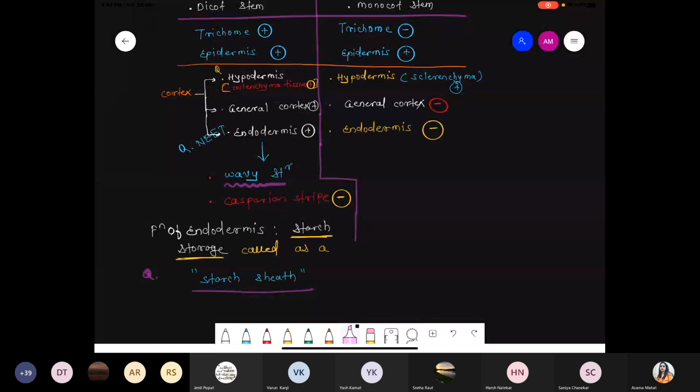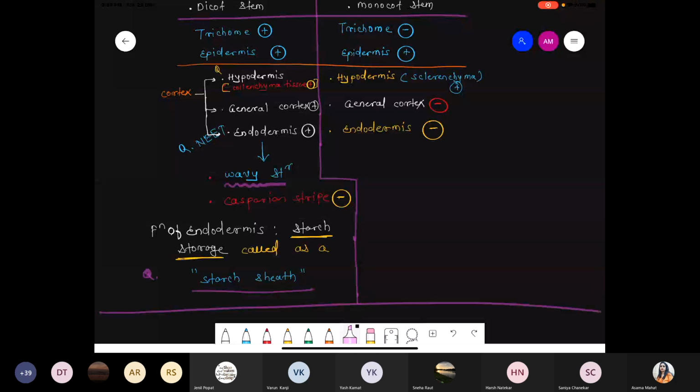Now they have a specific kind of wavy structure. Another one, without Casparian strips, right? And the next one, the main function is storage of starch. That's why dicot endodermis is also called starch sheath. Got it? Any doubt from this point?